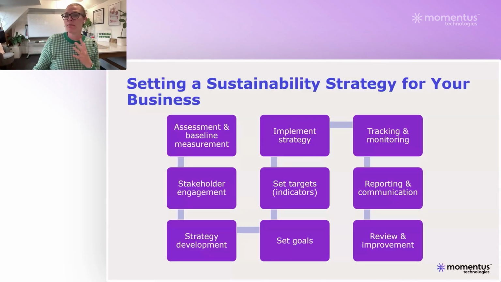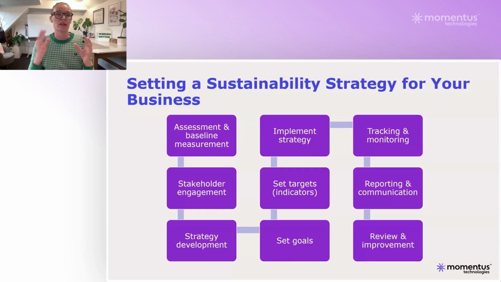We then move into our monitoring and tracking phase, where we've built our sets of indicators and we're starting to collect data at that point, and we're using the results of that data to monitor to see if we need to tweak and to implement any changes if we feel we need to.